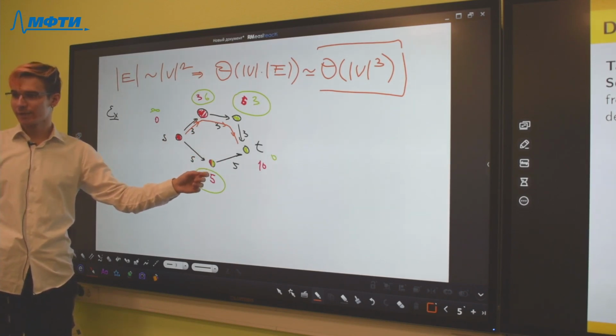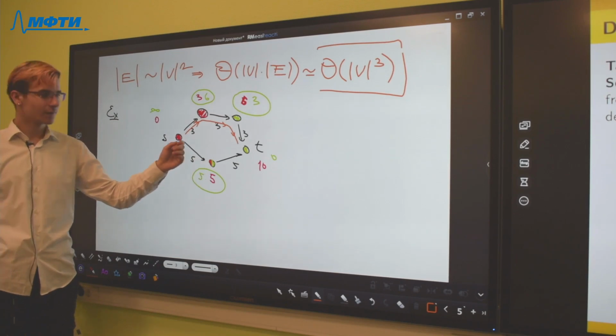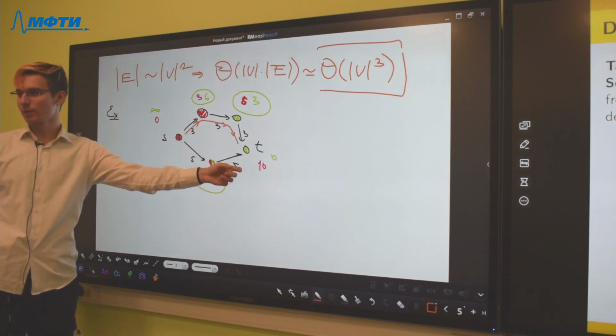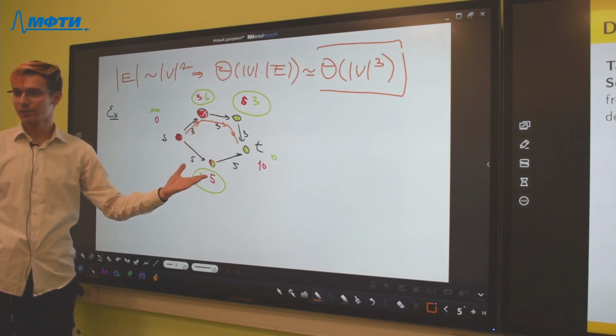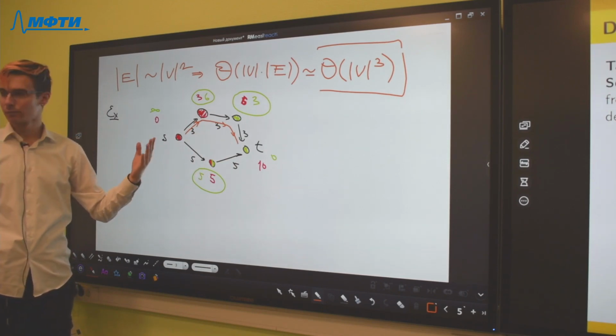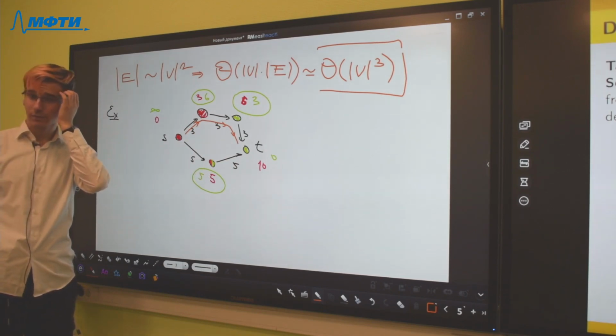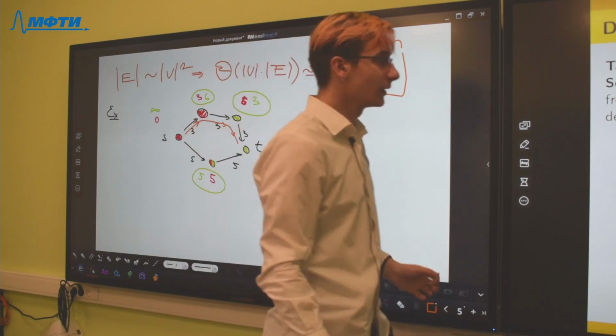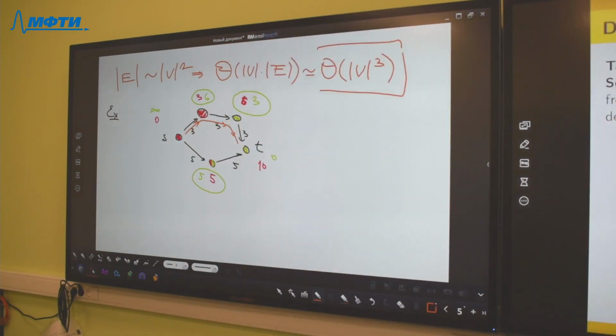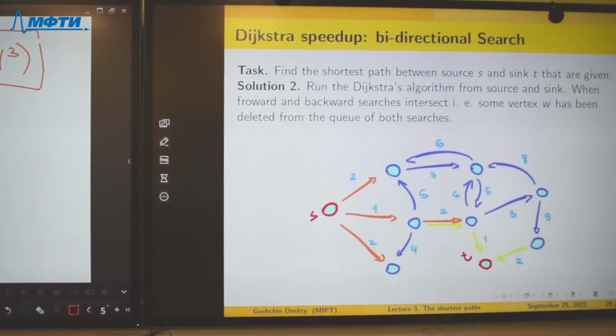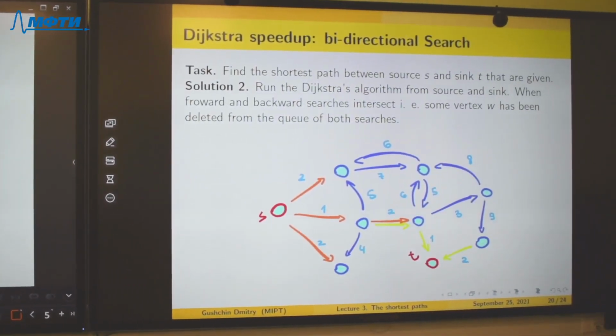We extract this vertex from both queues, but the shortest path between S and T doesn't contain this vertex. Understandable? Nice. So, it's about bidirectional search, and in practice, it makes fewer operations than the usual Dijkstra algorithm. You can use it in practice.